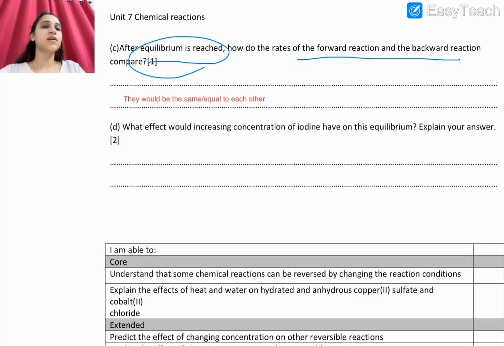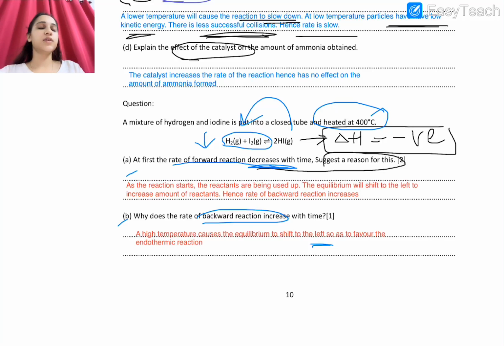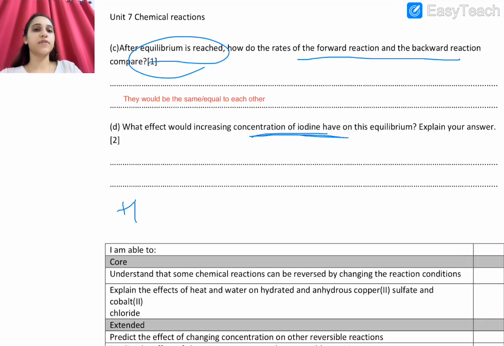Now, what is the effect of increasing iodine? So if you increase iodine, you have H2 + I2 ⇌ 2HI.